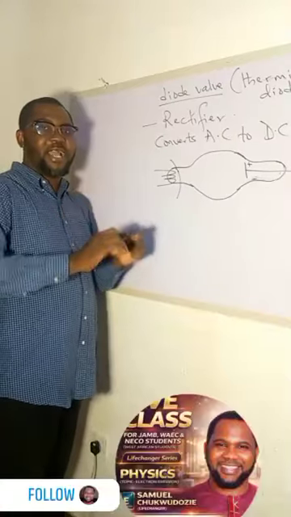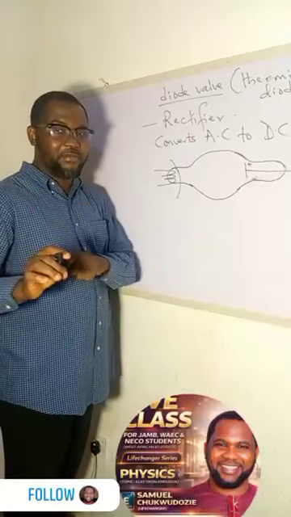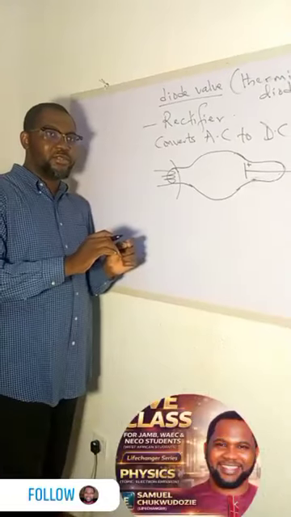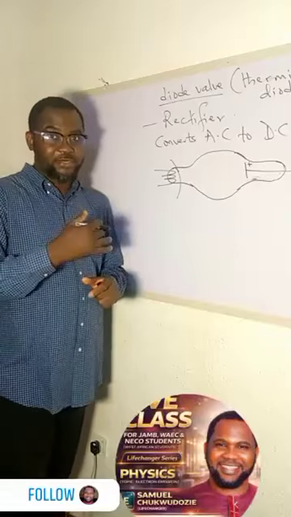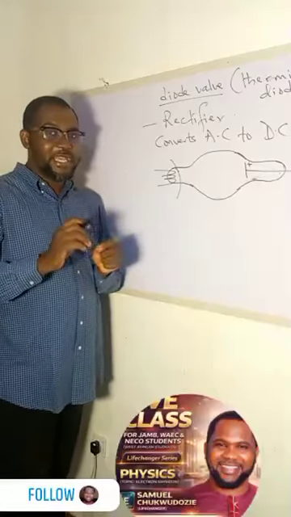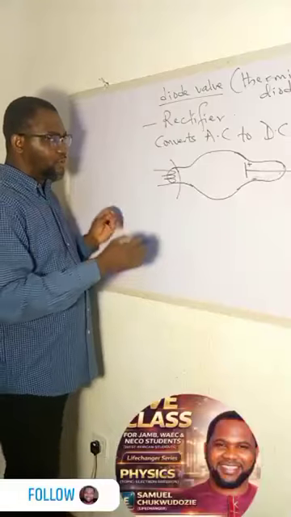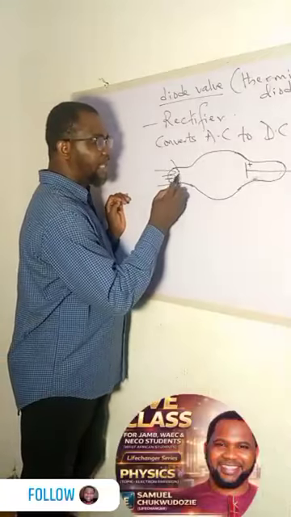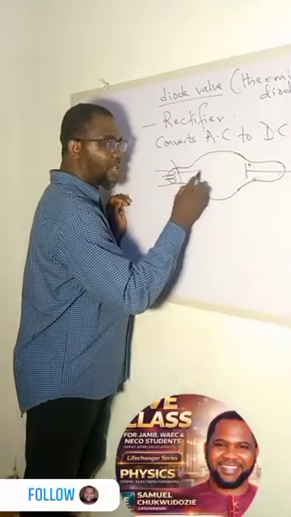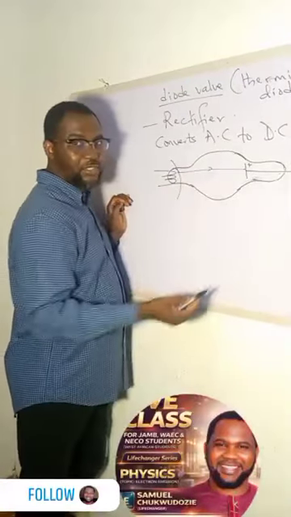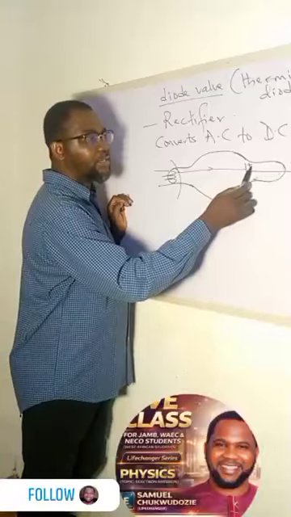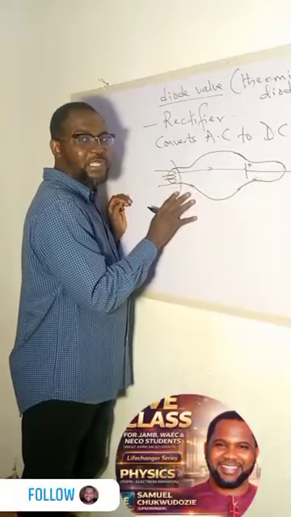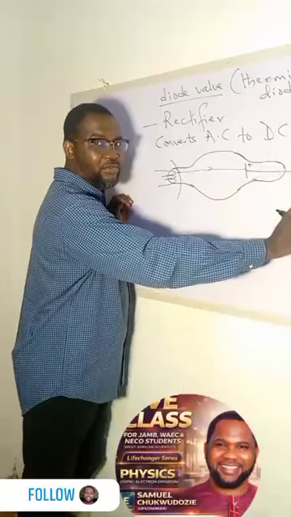And remember, I mentioned earlier that electrons are negatively charged. So when electrons are emitted, they go from cathode to anode this way. This is how electrons travel. Because the anode is positively charged, electrons being negatively charged are attracted towards it.